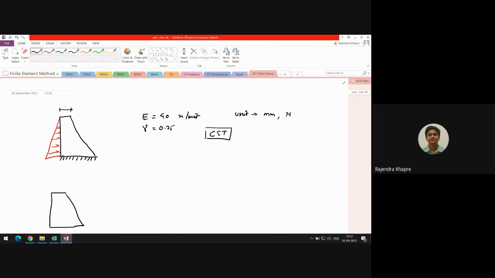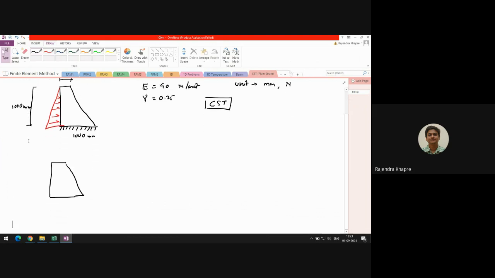So let us say this is 100 millimeters, and this is, let us say, 1000 millimeters. So this is 1 meter actually, and the height, that also I'm assuming as 1000 millimeters. Okay, so it's an assumed structure, not the real structure.